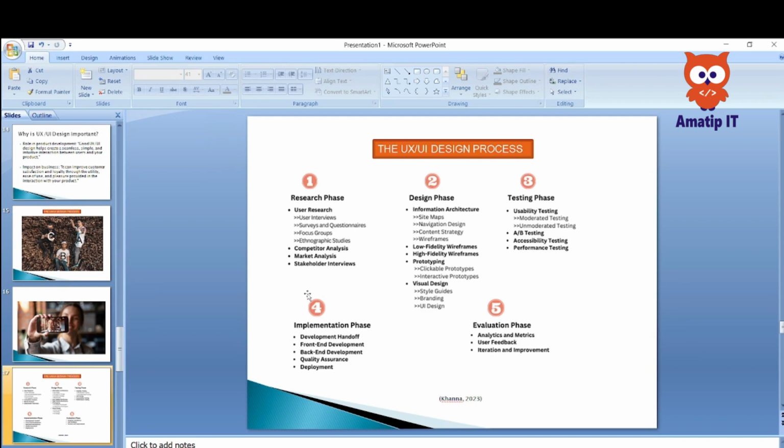And at the implementation phase, he handed over the prototype he produced, which had been properly tested, to the front-end developer, then the back-end developer. Both of them work on it, then they produce the product. Then the product is handed over to the king, to evaluate and get feedback from the king.